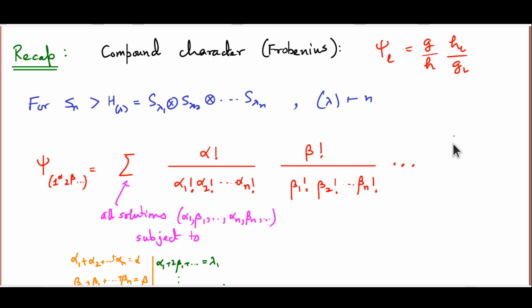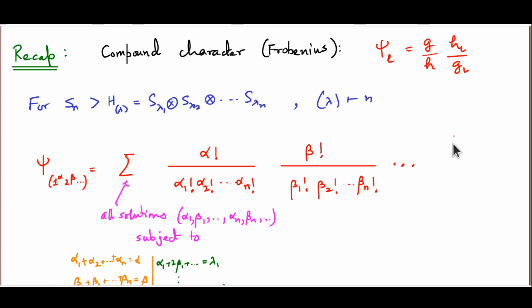Each partition lambda of the integer n, consisting of the integers lambda 1, lambda 2, lambda 3 up to lambda n, gave us a subgroup called H suffix lambda, which is given by S lambda 1 direct product with S lambda 2 direct product with dot dot dot S lambda n, where the S lambda i's are basically subgroups which only permute lambda i elements among themselves. So this particular subgroup is one in which the first lambda 1 elements are permuted among themselves, the next lambda 2 are permuted among themselves, and so on.